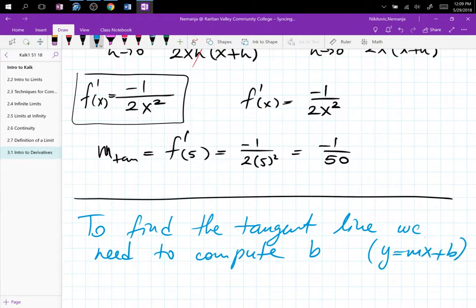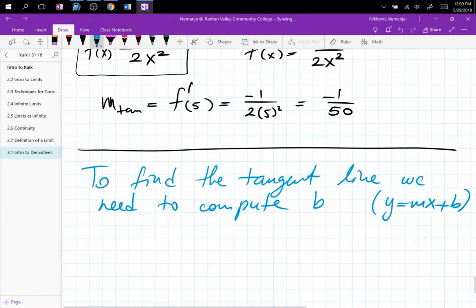We already computed m, it's negative 1 over 50. We need to compute b, which is the y-intercept. And you can simply do that using algebra. We are not developing any calculus way to compute b, because computing b should be very easy and straightforward. You have a point, you have a slope, calculate b, and you're done.